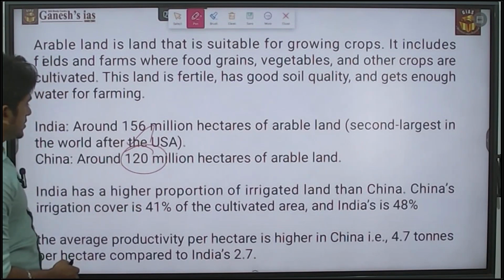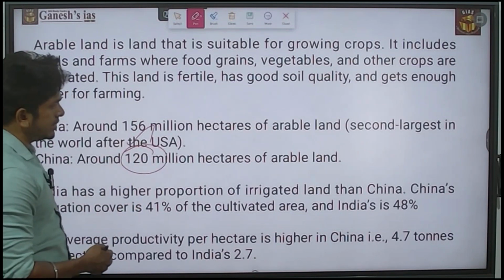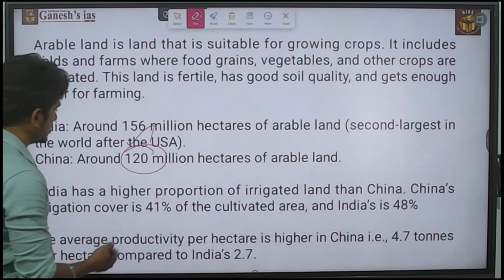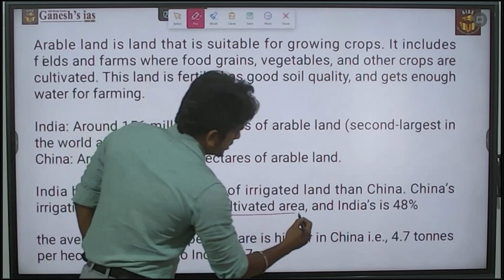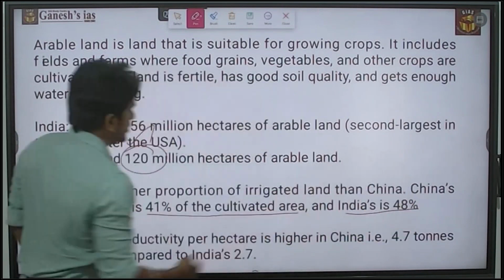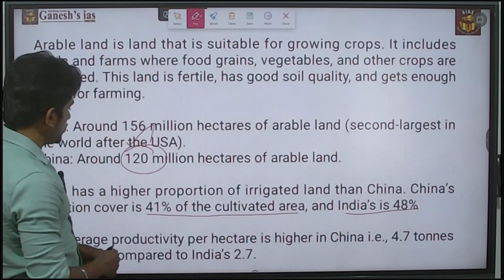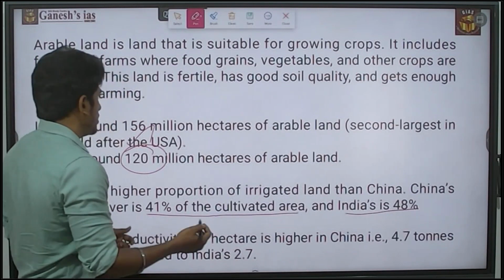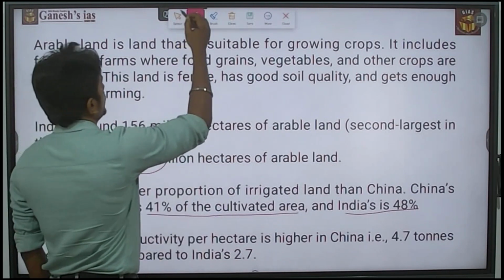Next, India has a higher proportion of irrigated land than China. China's irrigation cover is 41% of the cultivated area and India's is 48%. Next, the average productivity per hectare is higher in China. So these are some factual data.